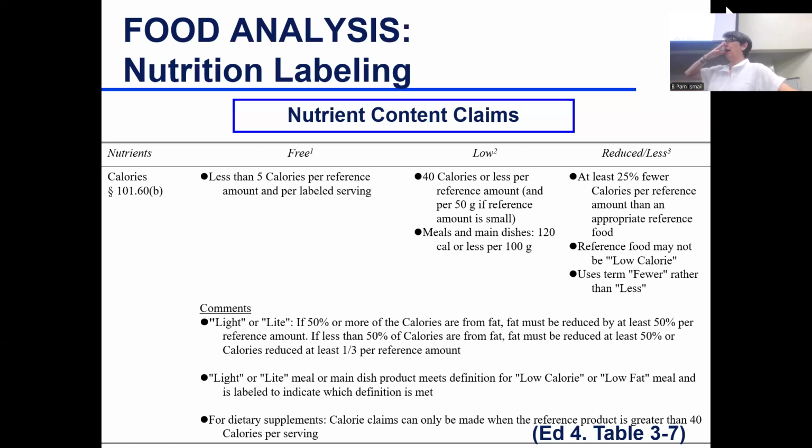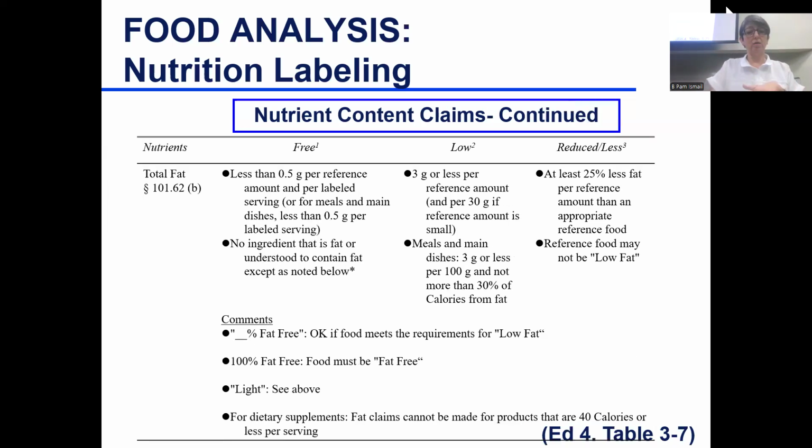You can also find them in the Code of Federal Regulations. I kept them in your slides because they're good references to know that, okay, for total fat also, less than 0.5 gram per serving or reference, then you can call it free. Reduced also is 25% less. So it's good knowledge, but I'm not going to test you on it.